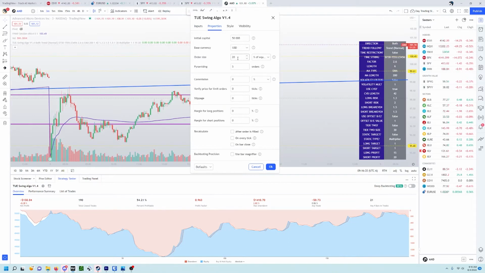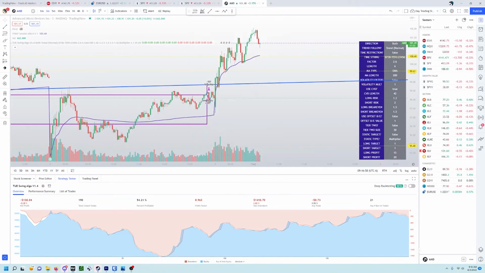The order size right here just uses 20% of equity for these purposes. That tends to give you a pretty good look at what you're doing. But when you actually set up for the automated trading platform, you're going to just be using contracts, which is equivalent of shares instead of percent of equity.